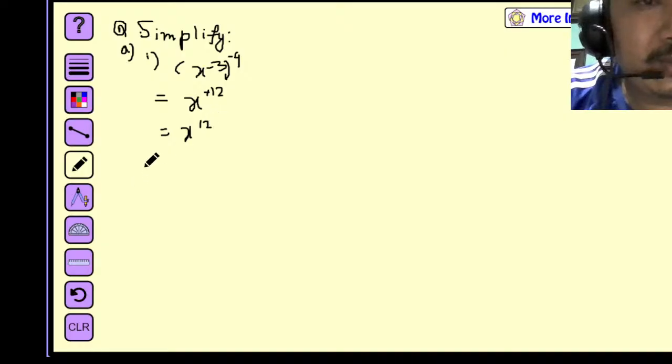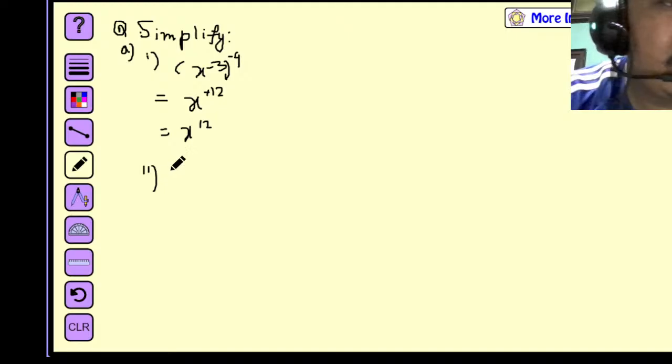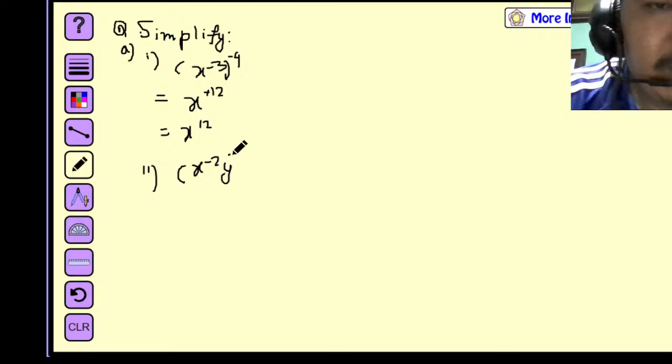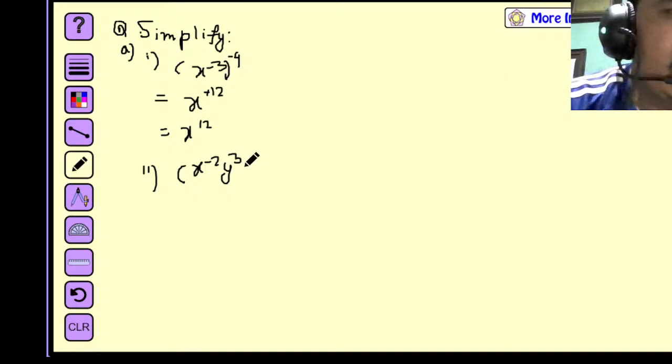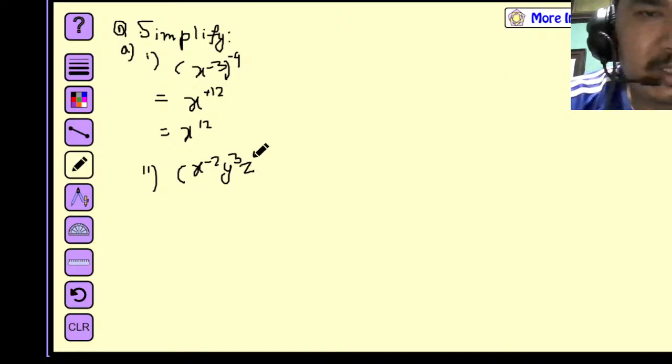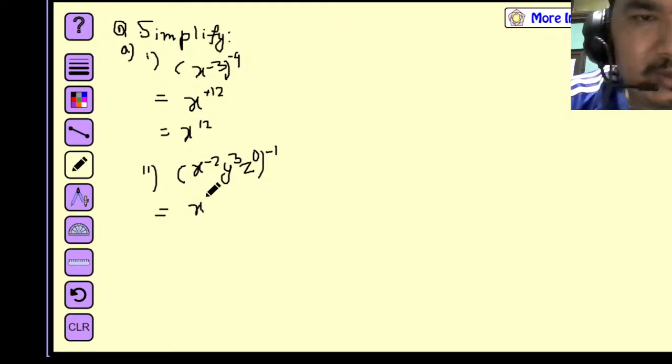Now the second question, look how to solve. It is given here x to the power minus 2, y to the power 3, and then z to the power 0, which we know is 1, and its whole power is given as minus 1. When you remove the bracket, it will be x to the power plus 2, because minus 2 and minus 1 multiply.